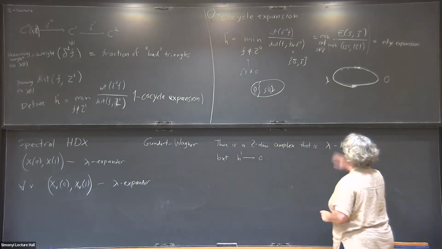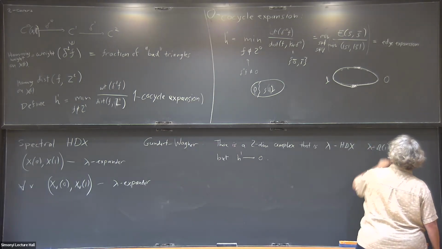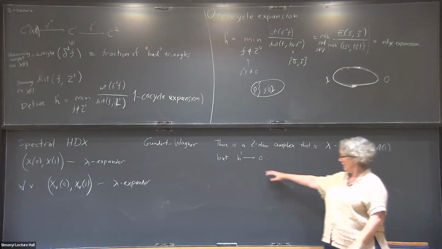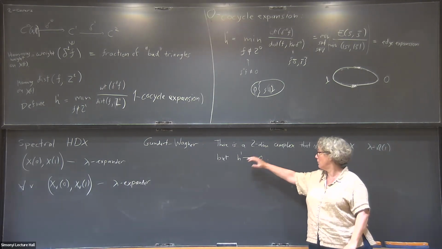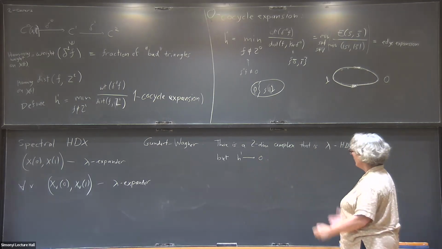I'm not writing parameters for lambda being some constant, but the cocycle expansion vanishes.